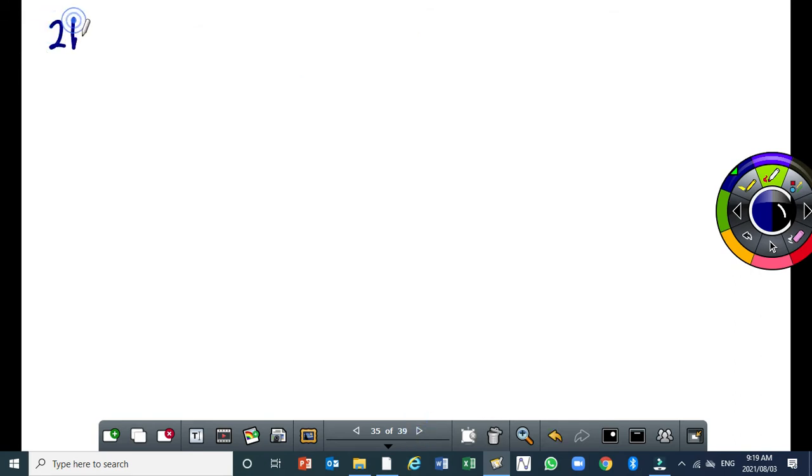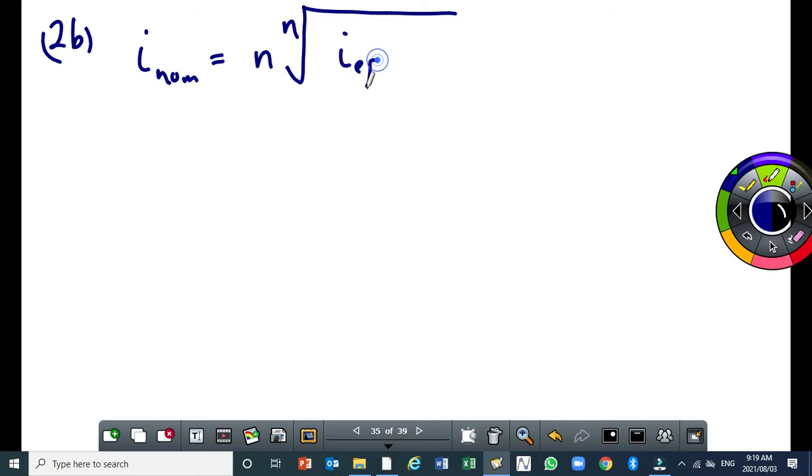So for 2B, if you want to calculate the nominal interest rate, you can write this formula. It will be n times the nth root of the effective interest rate, then you subtract n after that. Yesterday, I explained that.